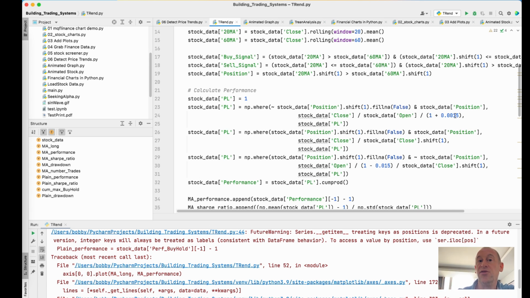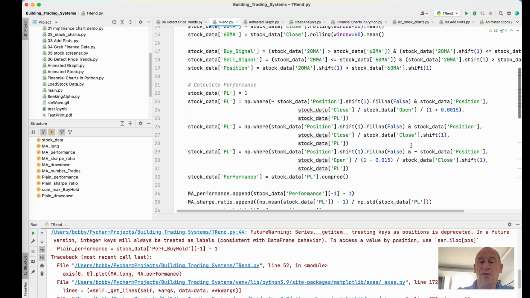I have to assume that I will buy slightly above the open price. And if I hold the position, then I calculate a normal performance with the close price divided by the previous day's close price.